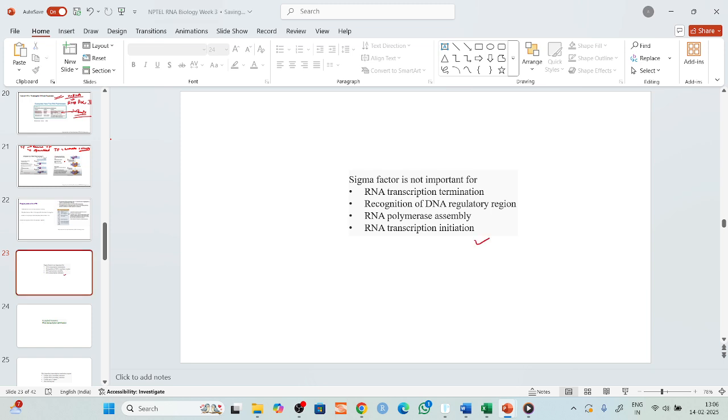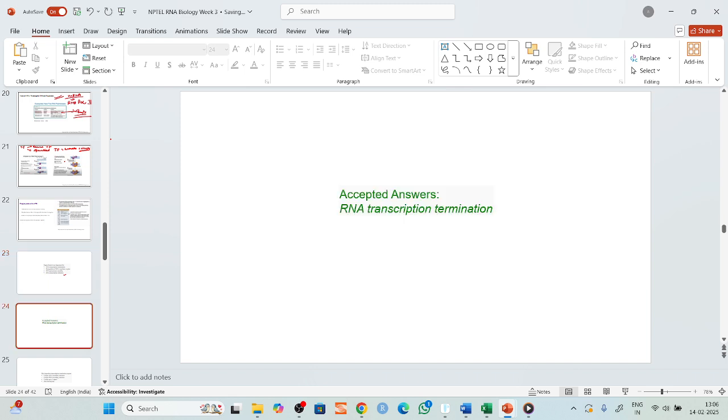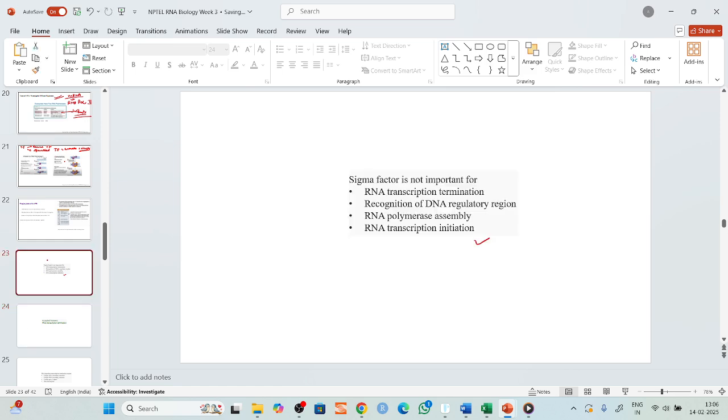RNA polymerase assembly, it is required because the core enzyme is converted into holoenzyme, and then only transcription initiation can start. So this is also correct. Recognition of DNA regulatory region, yes, because it recognizes the promoter region. And RNA transcription termination? Is it required for termination?